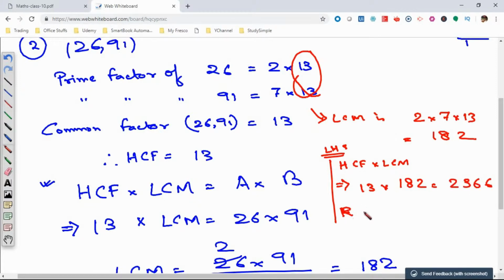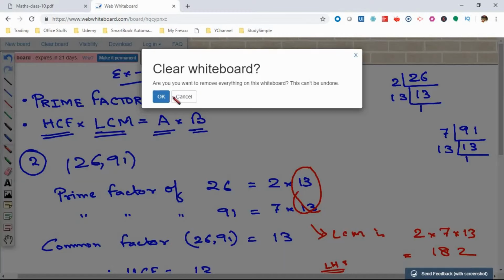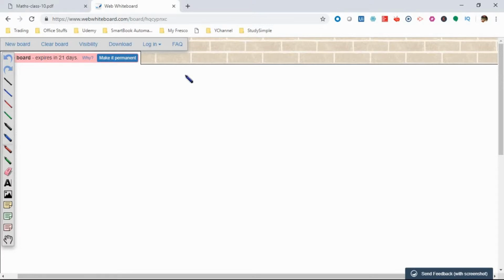The right hand side, A into B, is 26 into 91, equals 2366. So both of them are equal. This is how we solve it using the prime factorization method and verify the formula.